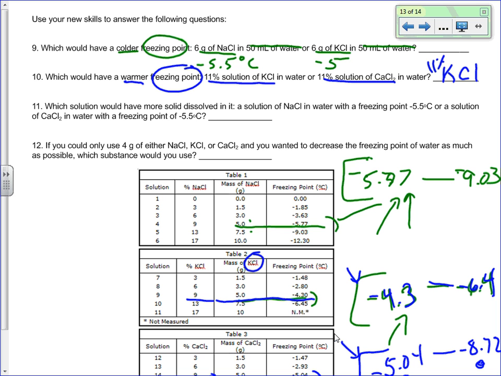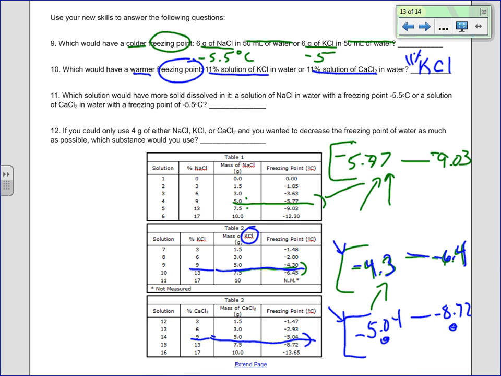All right, the next one is number 11. Which solution would have more solid dissolved? A solution of NaCl in water with a freezing point of negative 5.5 degrees Celsius, or a solution of CaCl2 in water with a freezing point of negative 5.5 degrees Celsius. In this case, instead of looking for freezing point, we're looking for which one would have more solid dissolved.